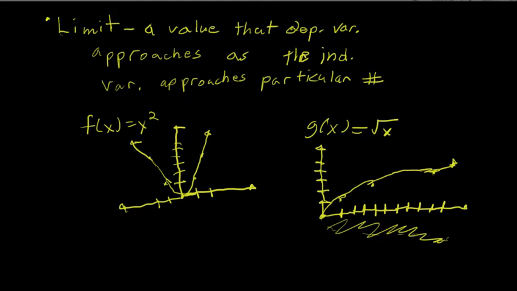And here we'd say the limit as x approaches 2 of f of x is 4. So here x gets really close to 2, f of x gets really close to 4. In this example, when x gets really close to 9, g of x gets really close to 3.